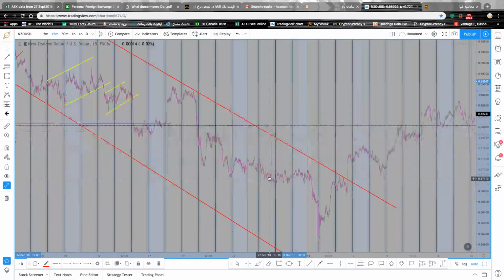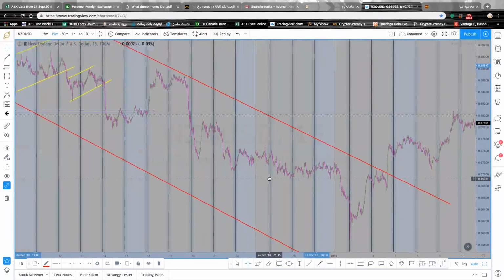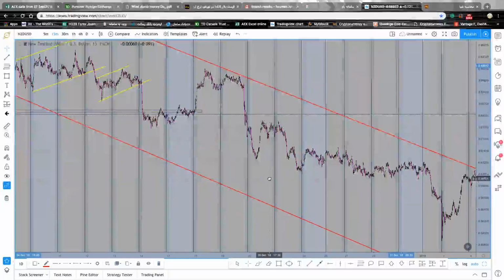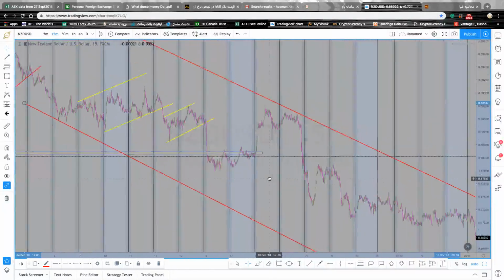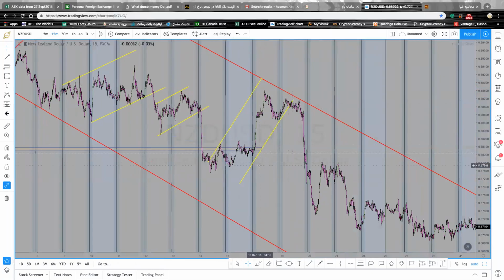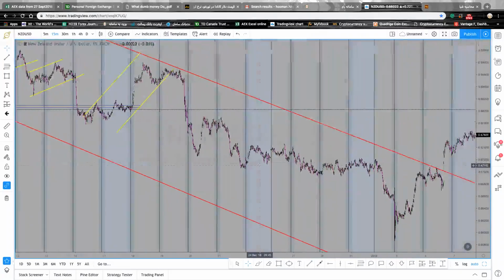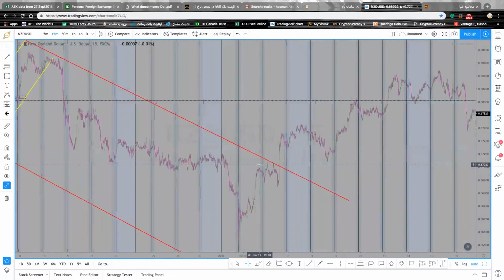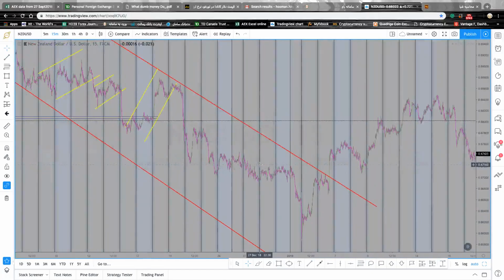I don't care about these touches because I have my DMA and EMA later that will come and help me. But what I need to see is these inducements. Yeah, that's better. That's pretty much it. That's how you backtest weekly structure.